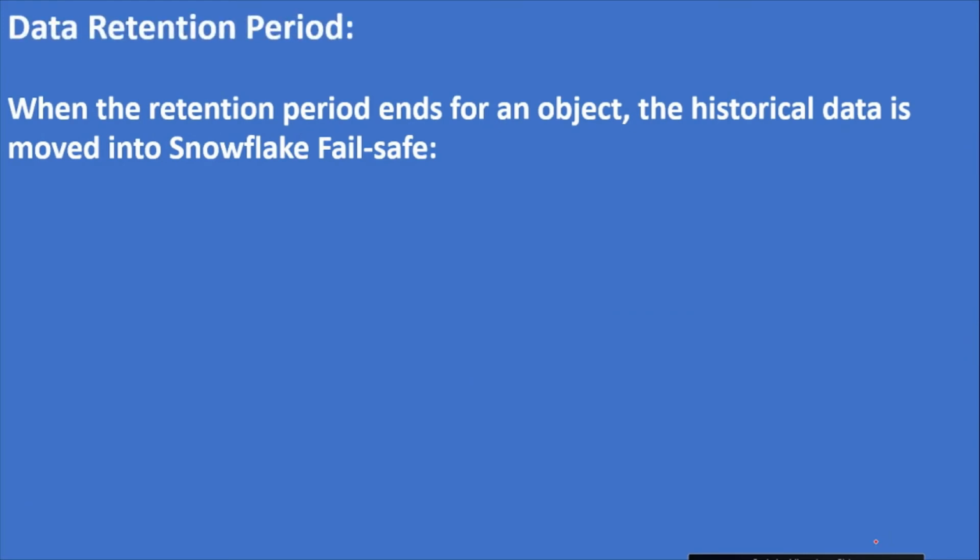So when the retention period ends for an object, the historical data is moved into Snowflake failsafe. This is the third stage, as part of the Snowflake continuous data protection life cycle. Historical data is no longer available for querying.